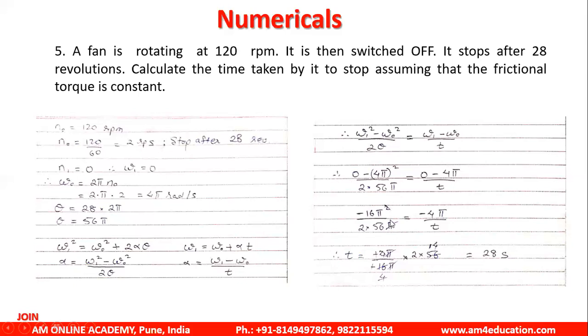The pi gets cancelled, that is equal to minus 4 pi upon t, and then t becomes minus 4 pi upon minus 16 pi into 2 into 56. On calculation, it becomes 28 seconds. So the fan will stop after 28 seconds.